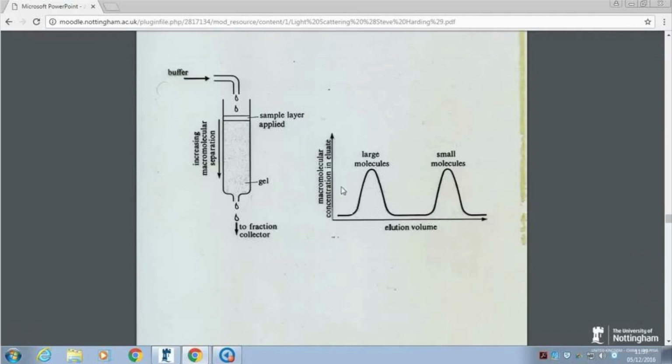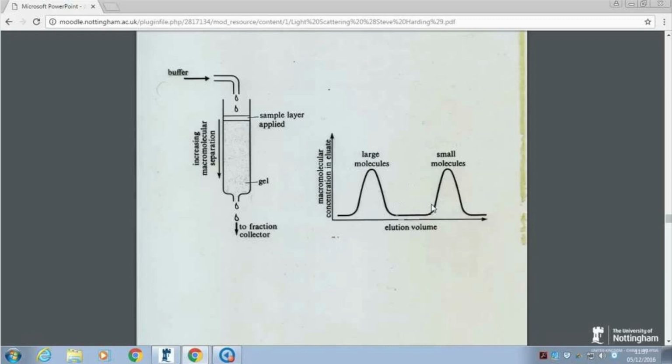No, let's say it was BSA of molecular weight 68,000, and that was myoglobin of molecular weight 18,000. Then we put our unknown molecule, and it came out here. That means it's got a molecular weight between 60,000 and 18,000. And if we calibrate the column with lots of different molecules, we can then estimate the molecular weight of our unknown molecule.